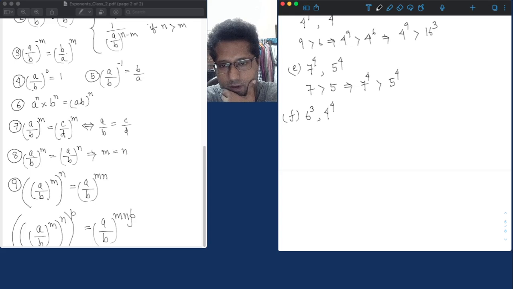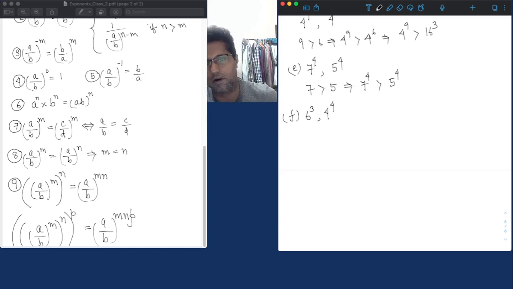Neither can we create a same exponent, because the bases are 6 and 4. These two, 6 and 4, cannot be expressed as the same base.